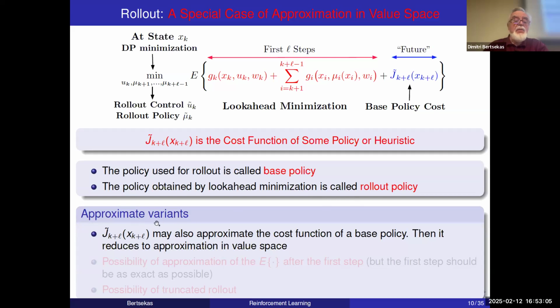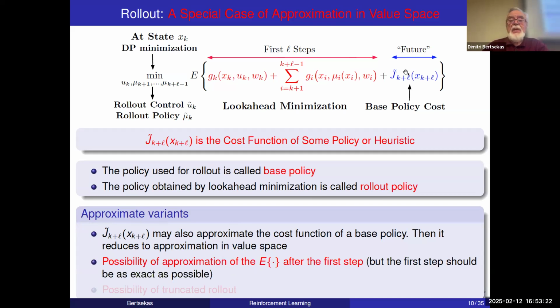And here there are approximation variants, other methods of approximation in value space that are inspired by or partially involve a heuristic. And other approximations, for example, in this formula here, we talked about using certainty equivalence for all the steps after the first one to simplify the calculation of this expected value.